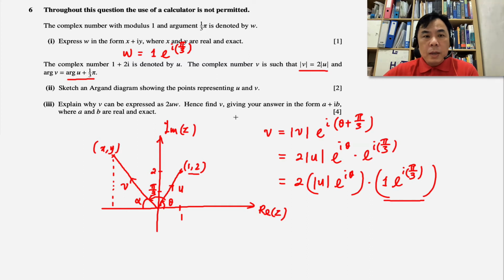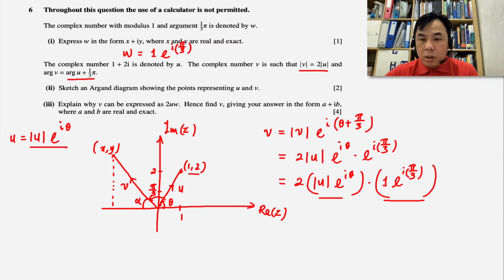Next, as a reminder, the complex number u is written as the modulus of u times exponential of i times the argument for u. The argument for u, I have labeled as theta here. If you compare this with this, that represents exactly the complex number u.